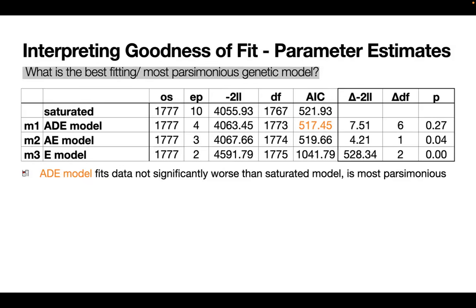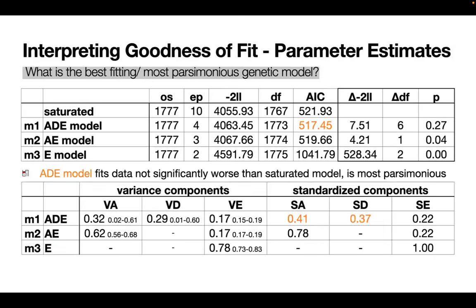So let's look at how this translates into the estimates of the parameters. Here we have provided them for all 3 models, even though we've already established that the ADE model is the best fitting model, which we could have also concluded from looking at the AIC, where the model with the lowest AIC is typically considered the most parsimonious model.